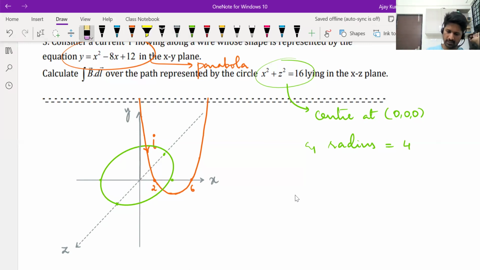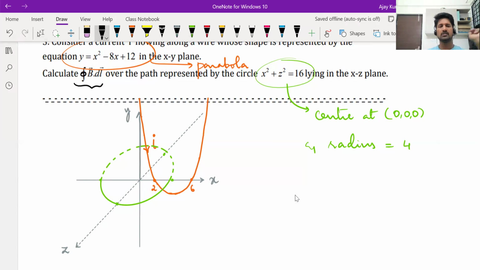So tell me, what will be integral b dot dl over this circular path? It's like half the circle is coming out in the positive z direction, half the circle is behind, negative z. It's a closed path. Circle is a closed path only. And we need integral b dot dl along this circle. So basically what we need is closed integral b dot dl.